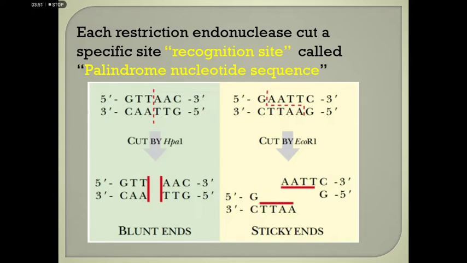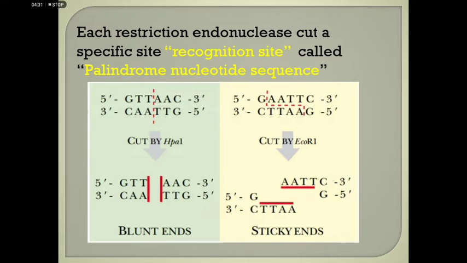Palindrome means, for example, Malayalam, and if we read it from the back, Malayalam is also the same. Also like mom, M-O-M. If we read from the back, it is also mom. Such a sequence, which reads the same forward and backward, is known as a palindrome sequence. This type of sequence is also known as a palindromic nucleotide sequence.